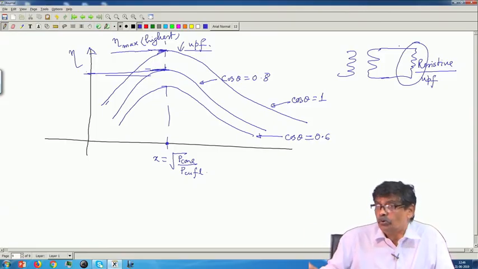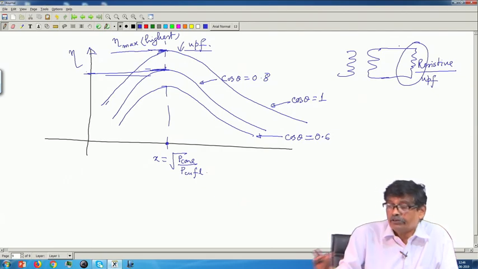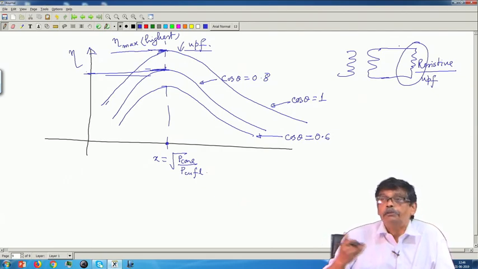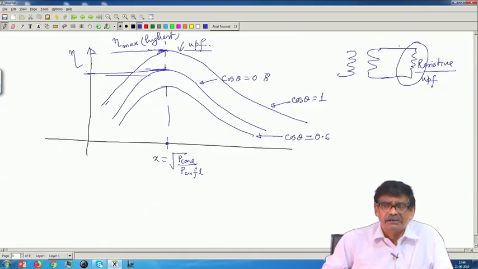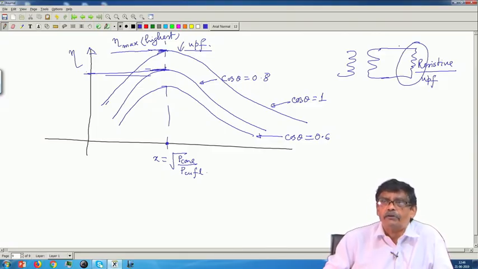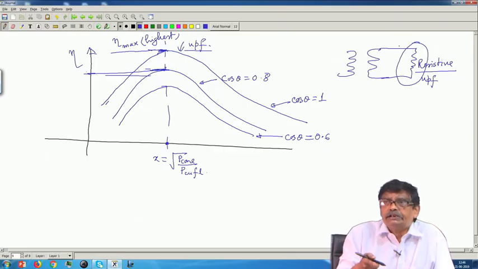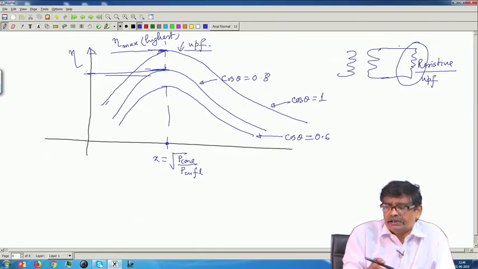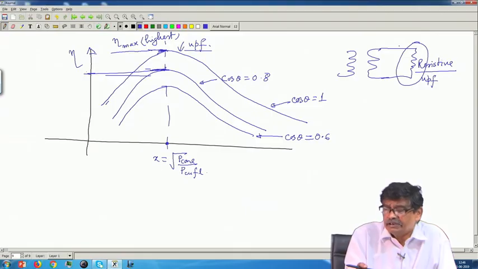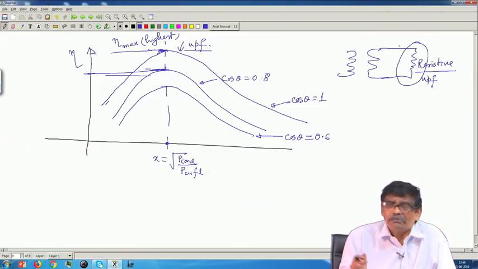If your load power factor is below that, the supply authority says you will be penalized, because you are utilizing less power out of the total kVA you are drawing from the lines. Therefore, it is a condition imposed by the supply authority that you, the user of electricity, try to see that the load power factor is not below this, maybe 0.8.